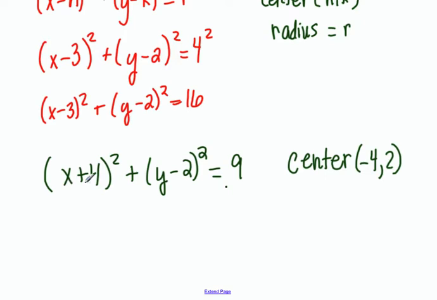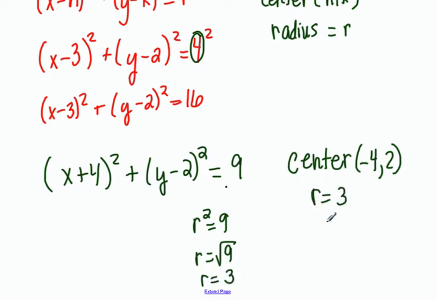It's the opposite. So if it's 4 here, the center would be negative 4. Does that make sense? The radius is your r, and what's sitting over there is r squared. So if r squared is 9, how do I solve for r? Square root of 9, which is just 3. Who has questions on that?